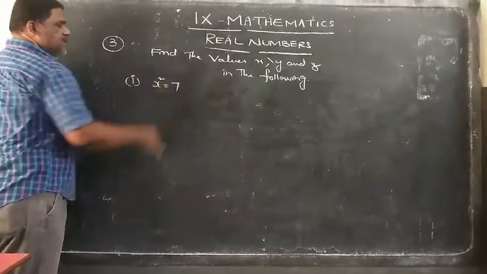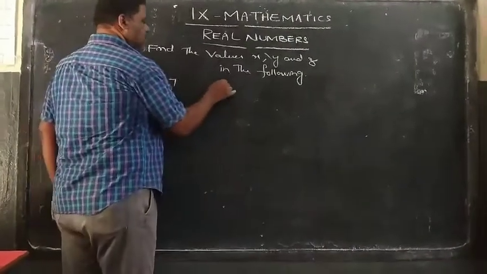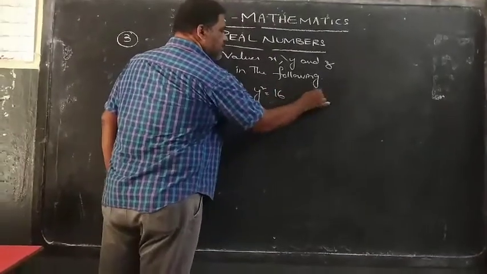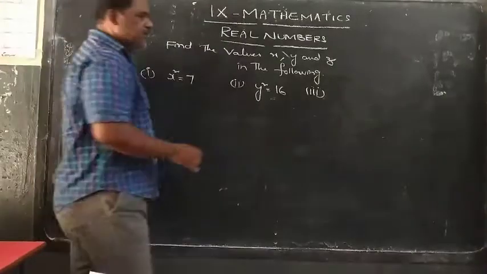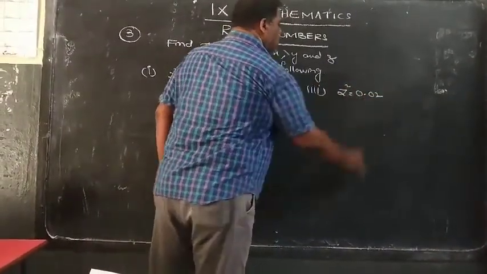X square is equal to 7, y square is equal to 16, z square is equal to 0.02.